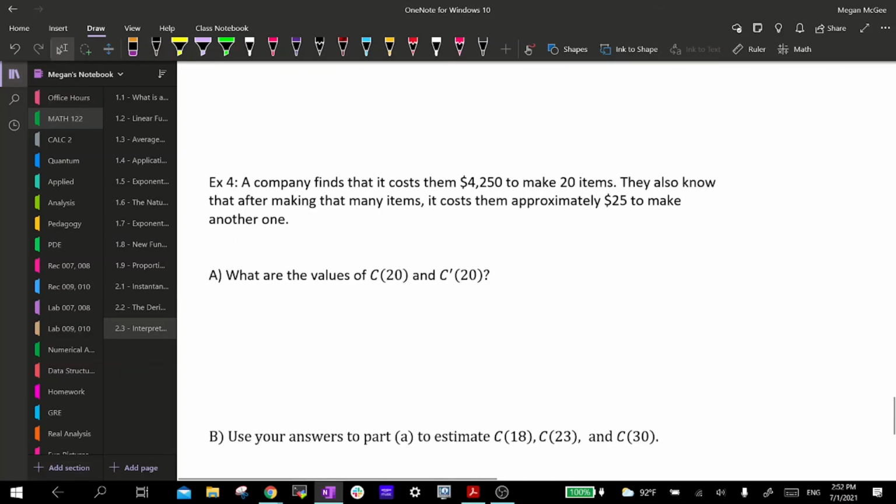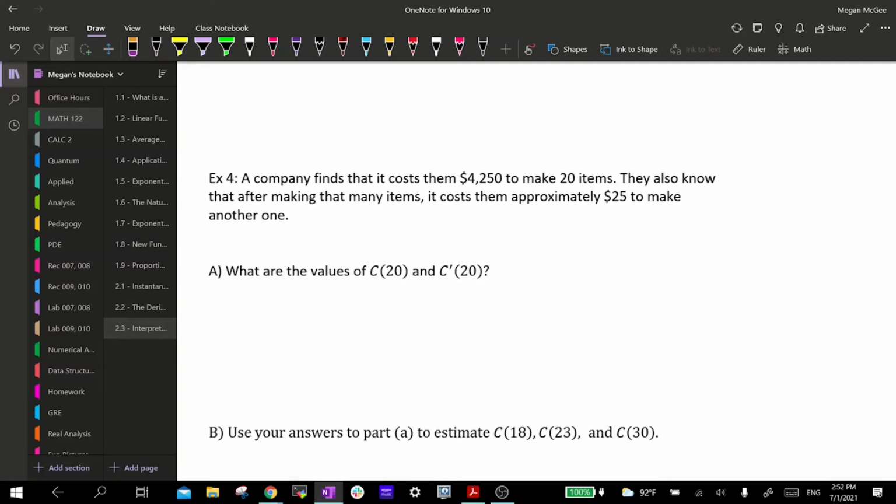Alright, so then we have example 4. A company finds that it costs them $4,250 to make 20 items. They also know that after making that many items, it costs them approximately $25 to make another one. What are the values of C of 20 and C prime of 20? The first question is asking what is the cost of 20 items.